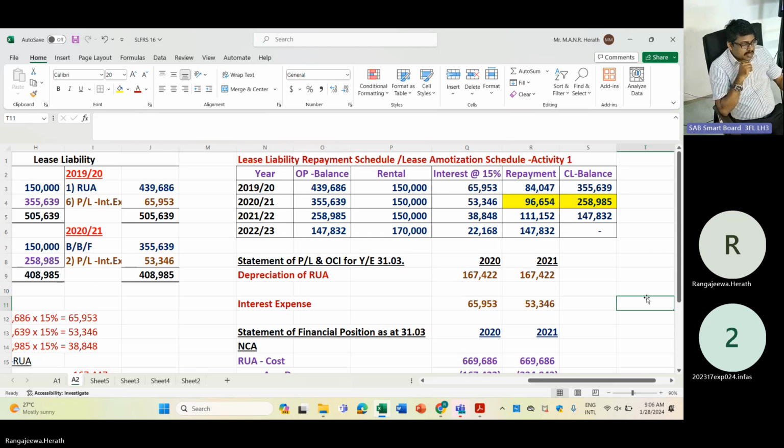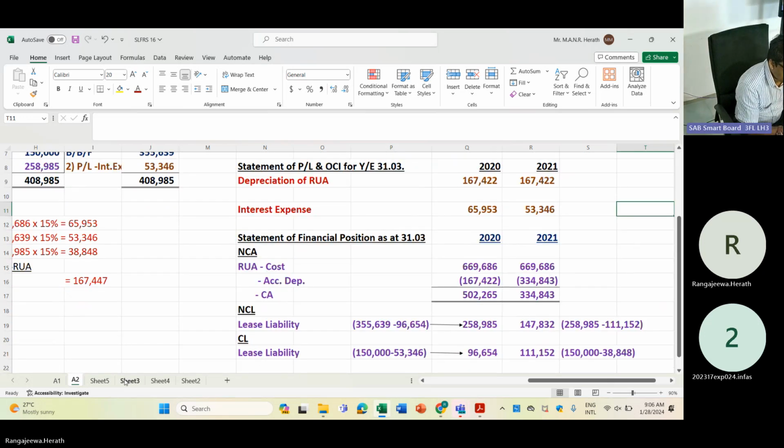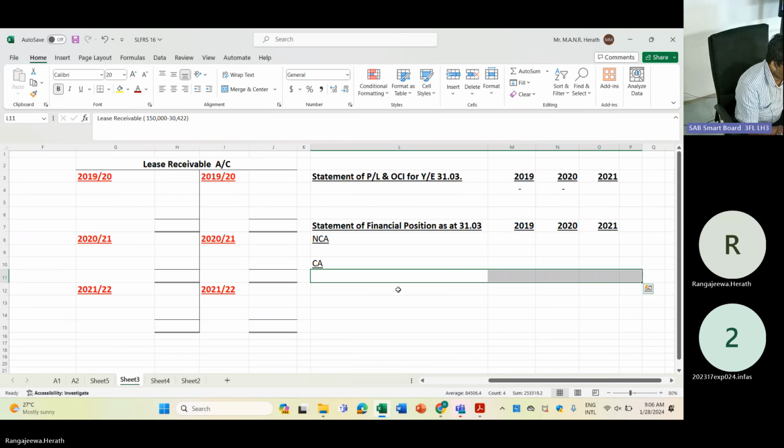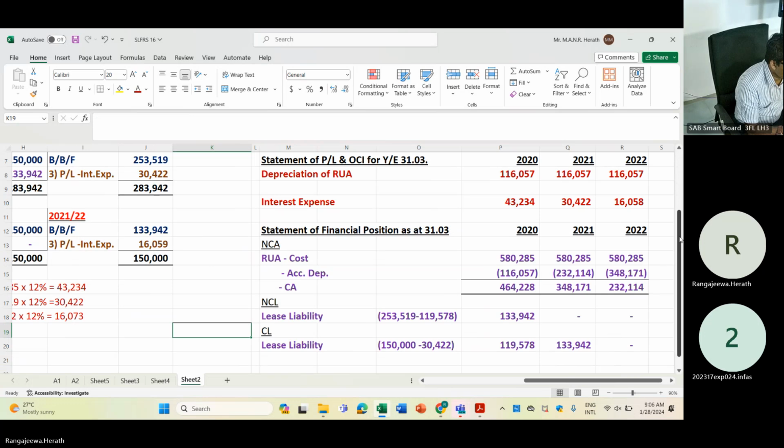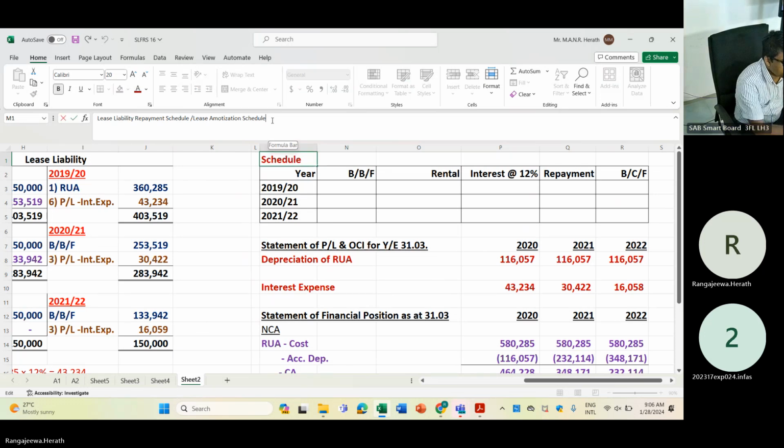Lease liability repayment schedule for activity 3.